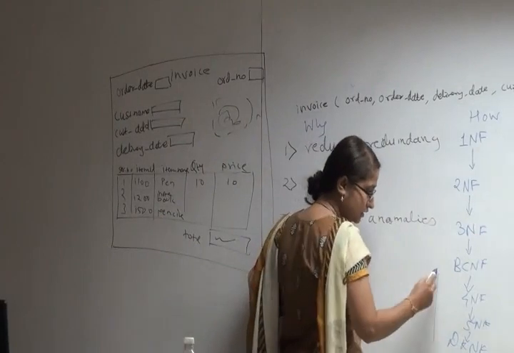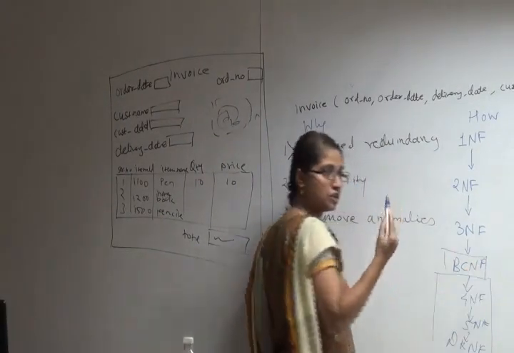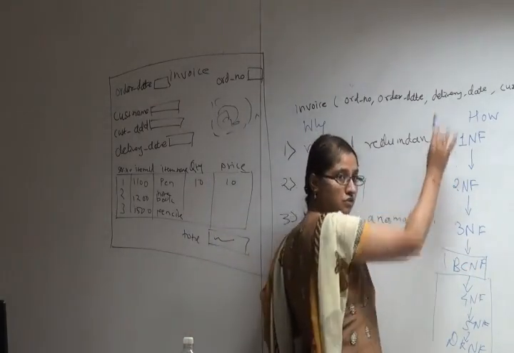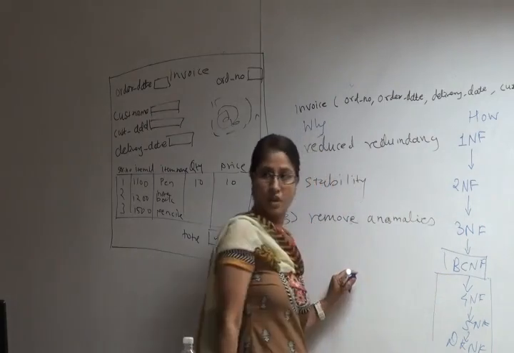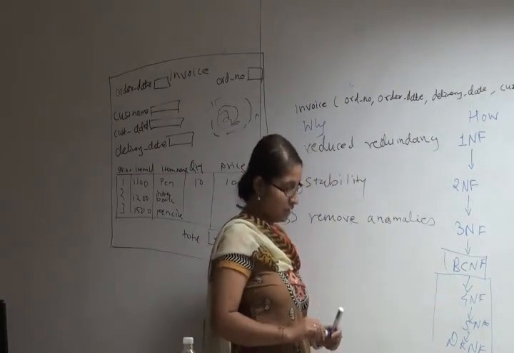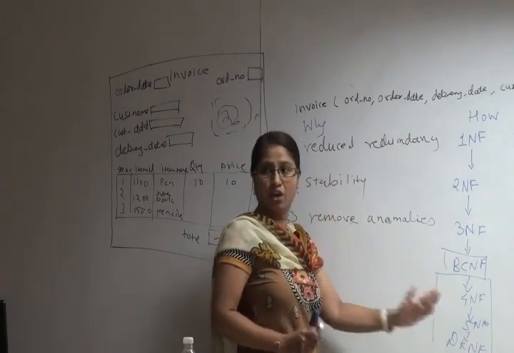We will not be discussing about it. I will just introduce this one. But we will see these normal forms. Now you will say, why am I not discussing this? Because there is no strict or fixed way to do it.